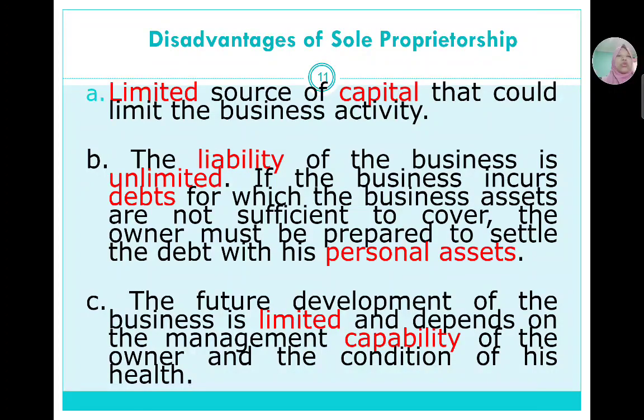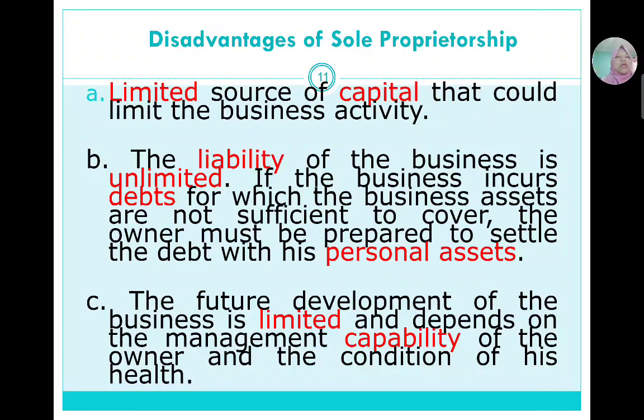But there are also disadvantages if you register your business under sole proprietorship. This is milikan tunggal in Bahasa. Limited sources, because you are the only owner, so all the capital is determined by you, and the liability of the business is unlimited.